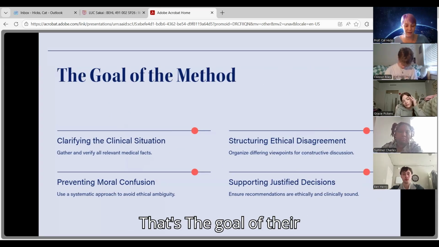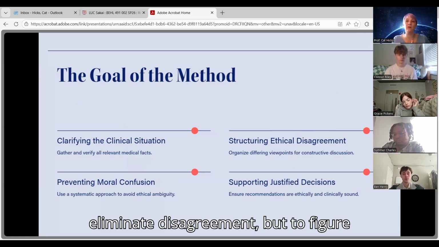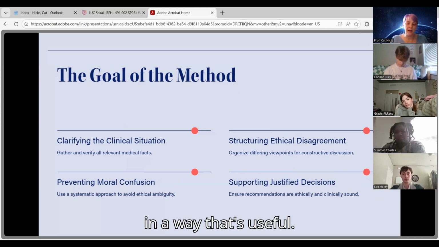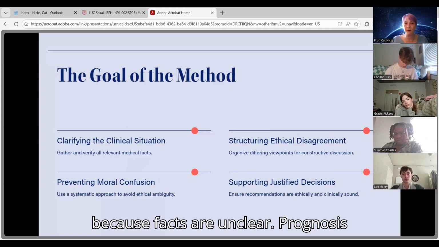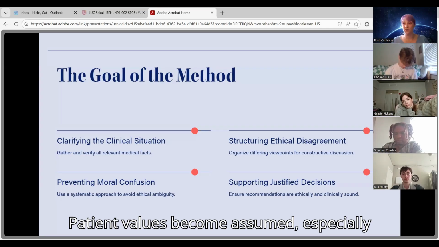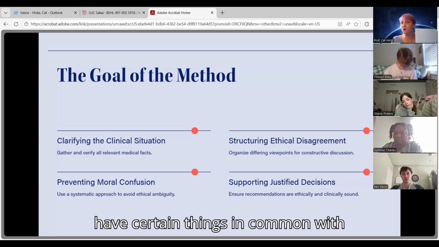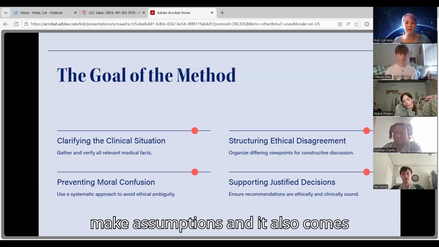The goal of their method here is not to eliminate disagreement, but to figure out how to structure it in a way that's useful. So often ethical conflict arises because facts are unclear, prognosis can be exaggerated or misunderstood, patient values become assumed, especially if you already feel that you have certain things in common with the patient, it becomes easier to make assumptions.